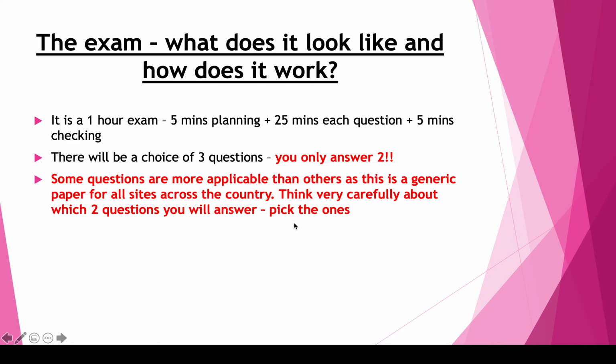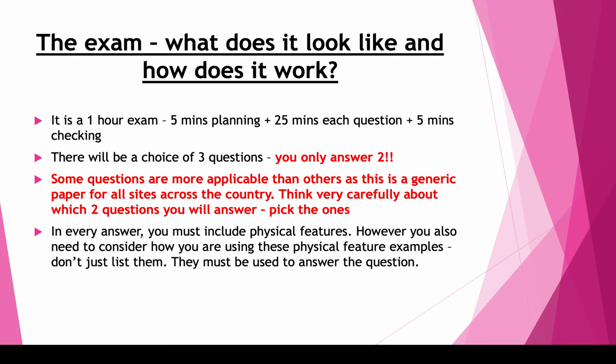Now, as such, the questions are much more generic for this paper, as they must cover all sites across the country. Therefore, some questions will be much easier to answer for Himley Hall than they would for others, whereas other questions might be much more easily answerable for other sites across the country. Okay, so think very carefully about what we have talked about with Himley Hall and which questions best match up to that. So pick the right ones.